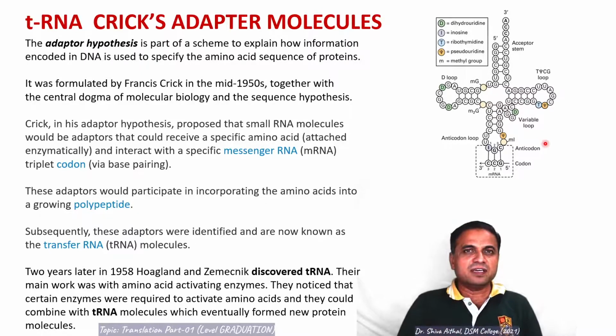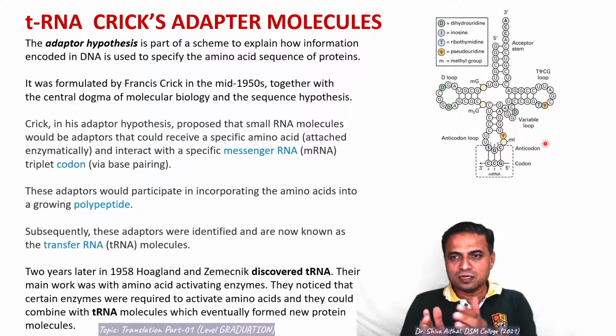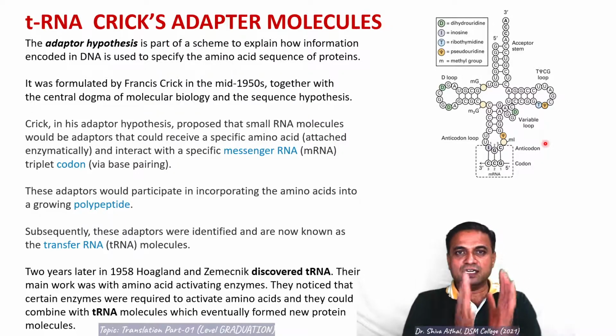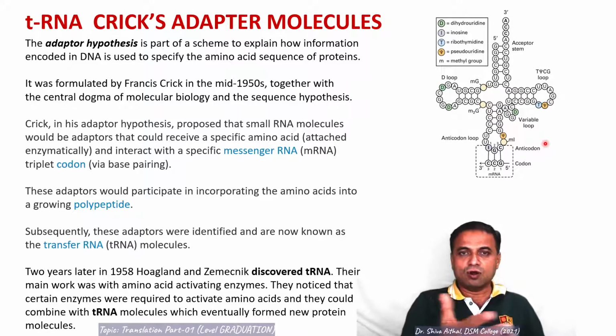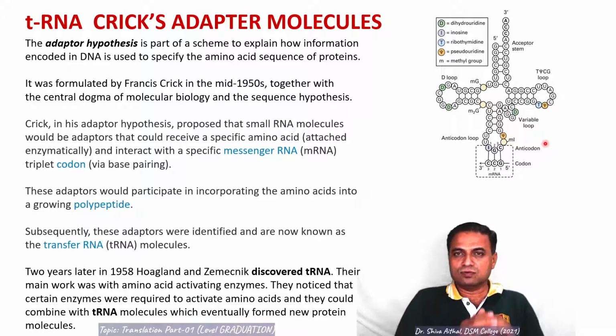In 1950, Crick put up this hypothesis. Two years after that, in 1952 to 58, the thinking and work began on these lines. Earlier they believed that DNA is the center stage and proteins were formed directly. But later on, after this hypothesis, in 1958, after some 6-8 years of research, Hoagland and Zamecnik, 2 scientists, discovered the tRNA molecule.